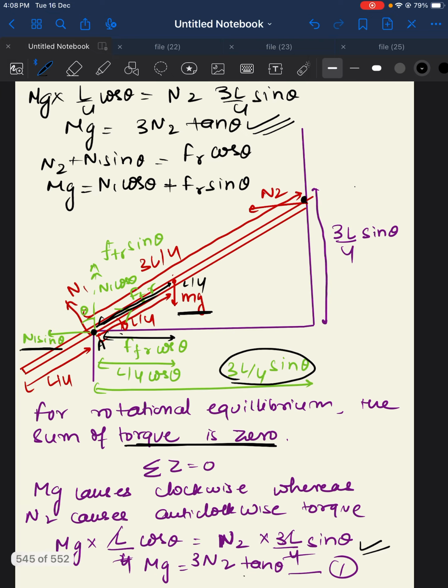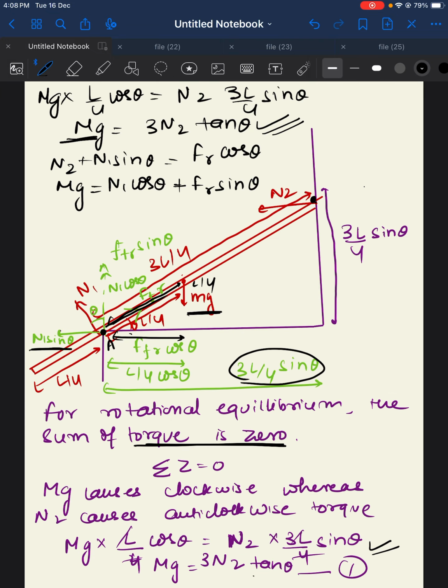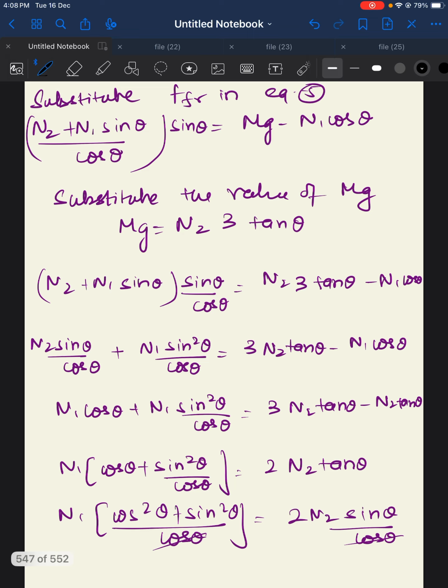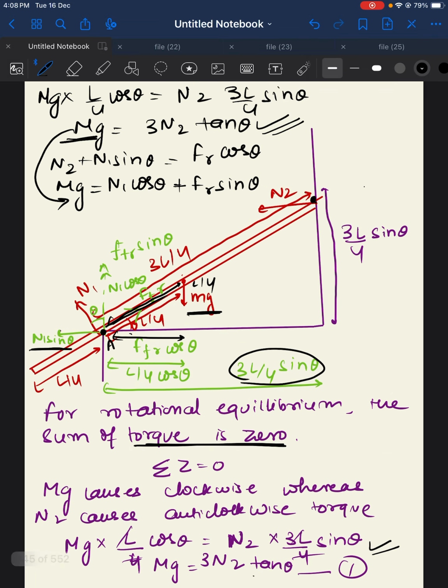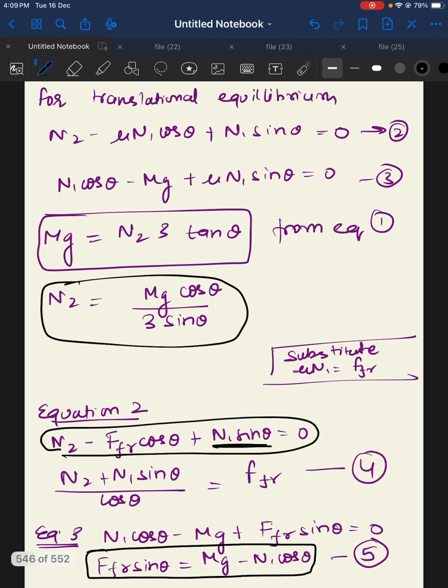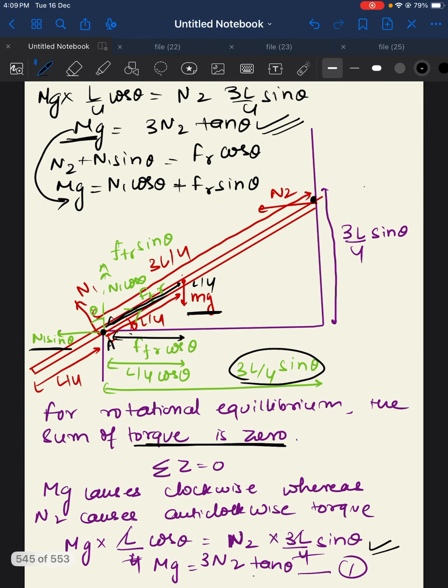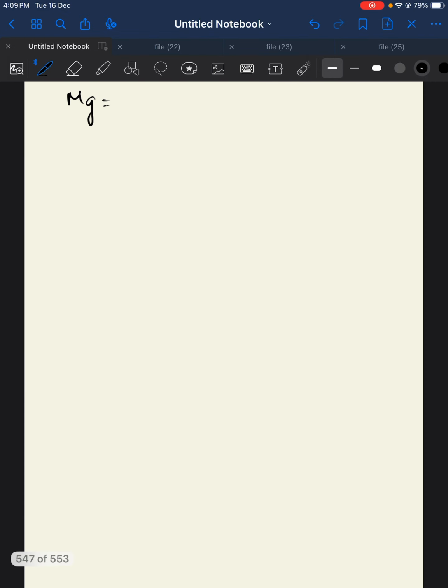Now what we can do, we can substitute the value of mg from here and put it here, right? So what we will get, or the other way to do so is, one second, let me add a page. So we can write mg is equal to what we got here, 3N2 tangent theta, right?